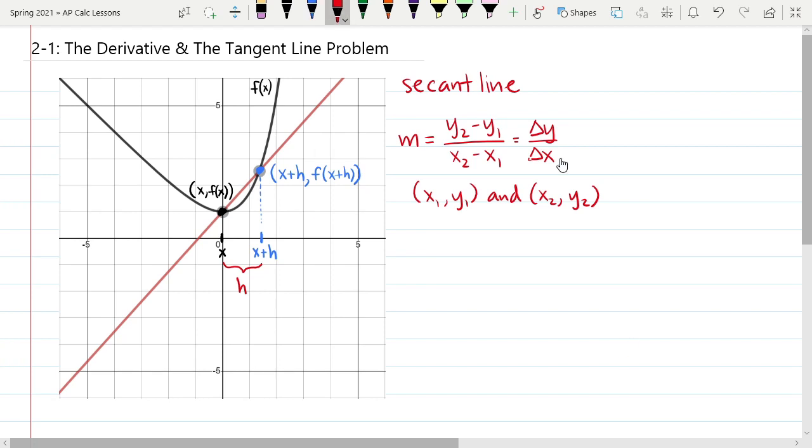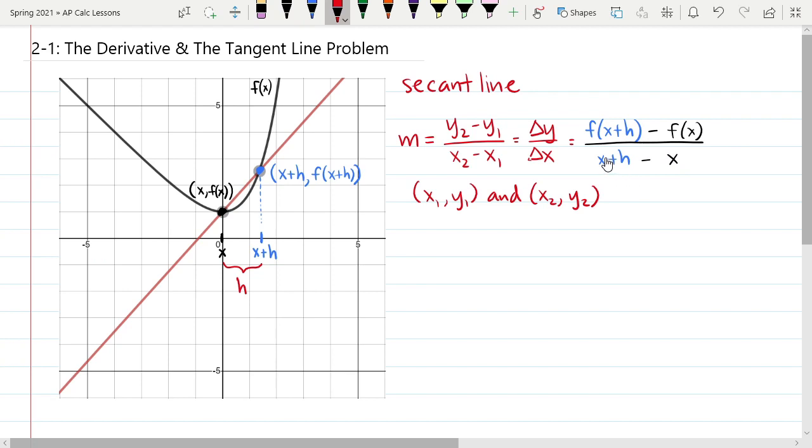So now if I come back here to the slope formula, then that means it's y2, so f of x plus h, minus y1, which is f of x, over x2, which is x plus h, minus our x1, which is just x.